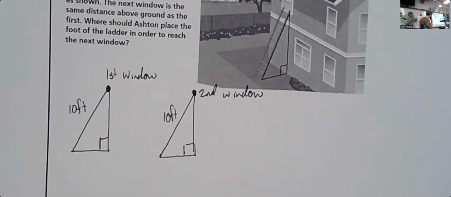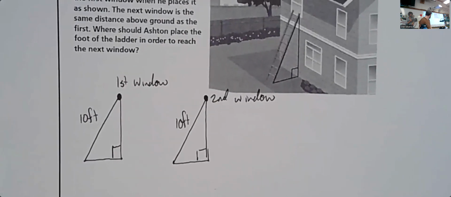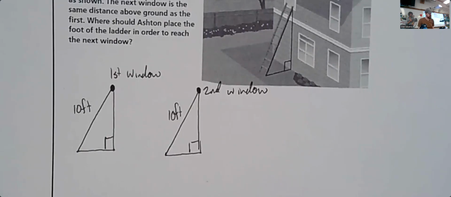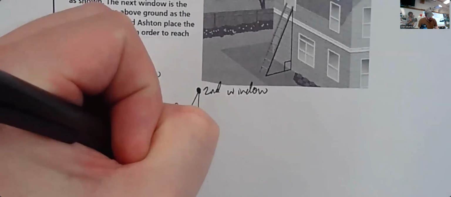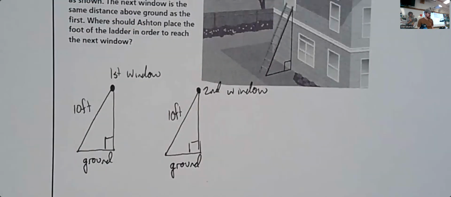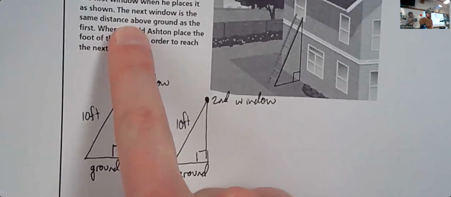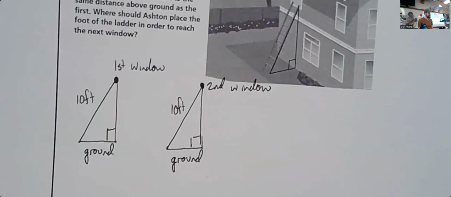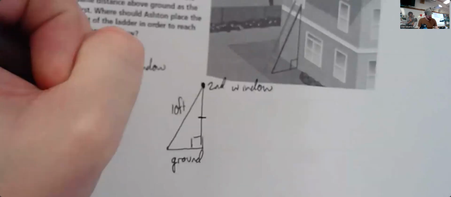Now, what does it tell us about the next window in terms of its distance from the ground to the first window? It doesn't give us a number, but what does it say? Yeah, it says right here, the next window is the same distance above the ground as the first window. So we don't know how high above the ground it is. We don't need to, but we do know that they're the same.